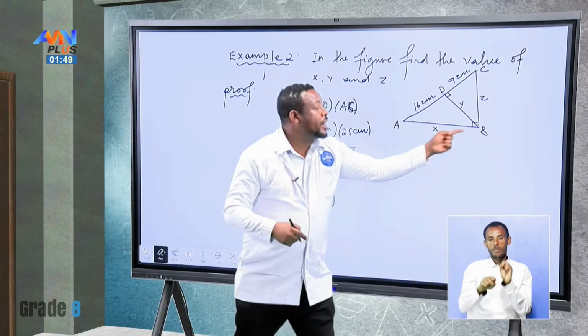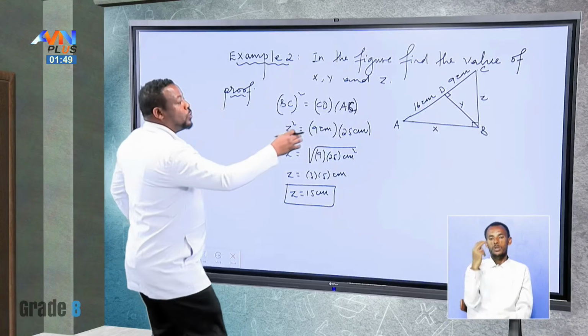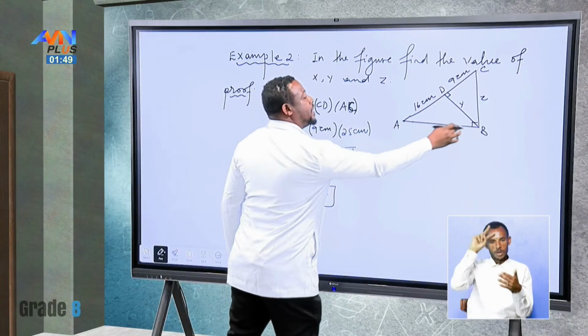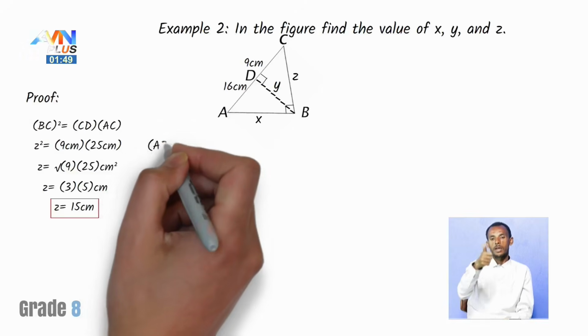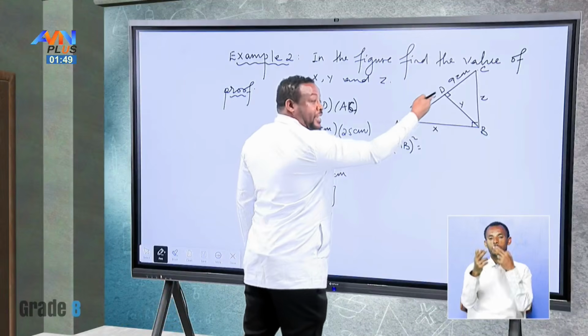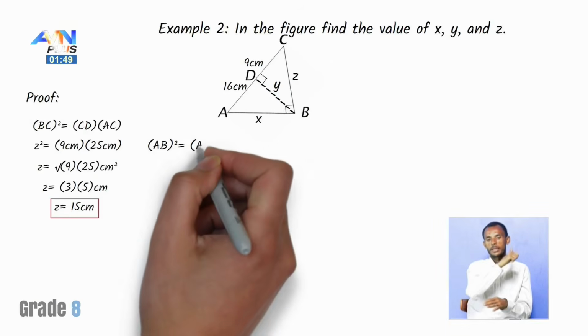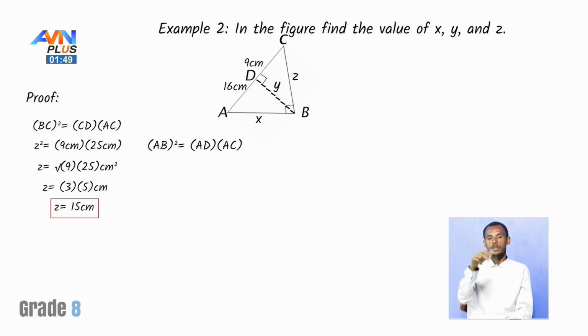So to find this x value, you need to use the formula: the squared value of this leg, AB square, is equal to the product of the adjacent side, AD, times the hypotenuse, AC, right?